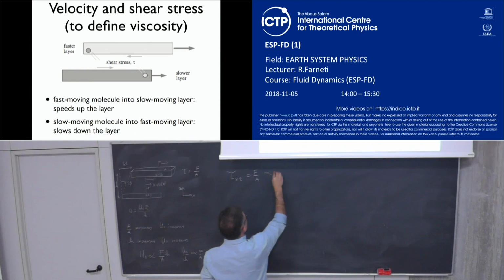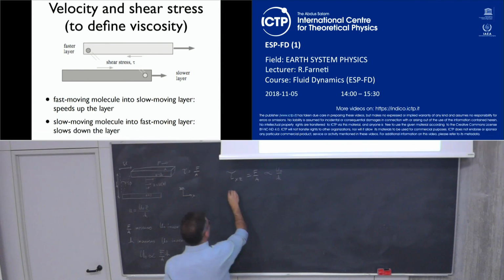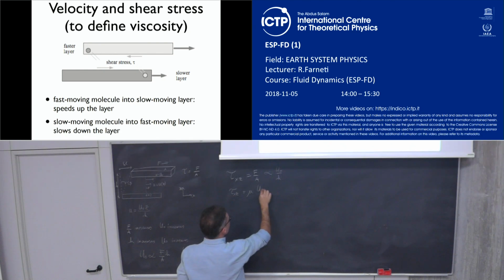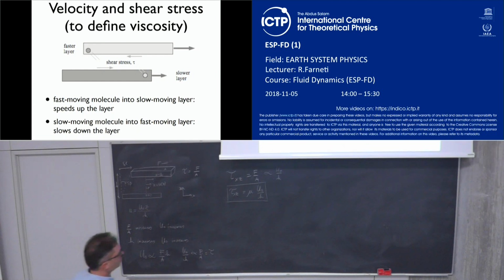This, we said, is proportional to u naught over H. Okay, so we can say already that my shear stress, tau z, is going to be equal to some mu times u naught over H. Okay, where this Greek letter mu is going to be my constant of proportionality between my shear stress and my u naught over H, which is going to be the way u varies with H. Okay, so intuitively this is how a force acting on a fluid is causing a shear stress, and the shear stress is deforming the fluid continuously, in a simple approximation linearly.